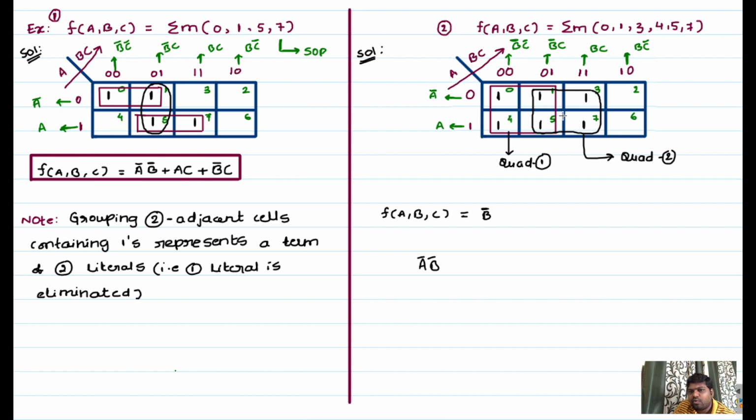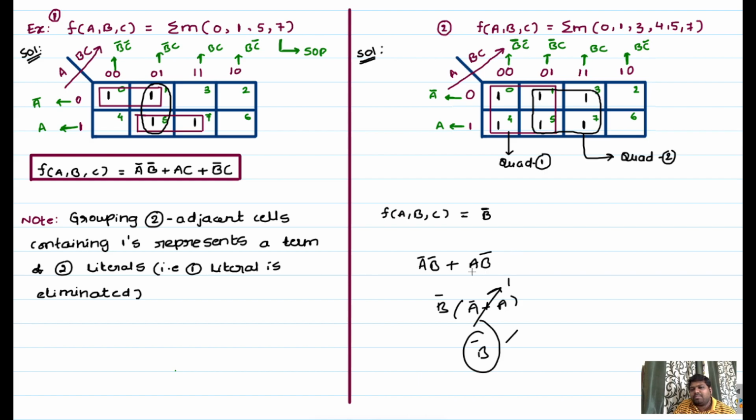And next the 4, 5 square boxes, if we consider this as a pair, the common element is A, and B bar is the common element, so I will take A into B bar. If you observe these two product terms, we can take B bar as a common element, so I will get B bar into A bar plus A. According to the theorem, A bar plus A equals 1, so finally what we get is B bar as our resultant term.